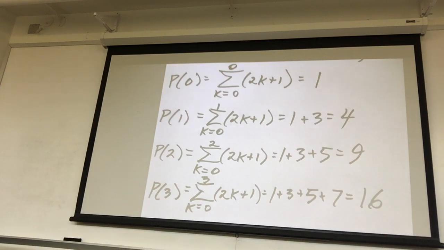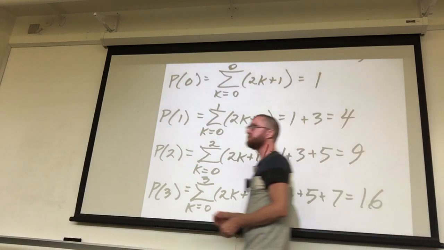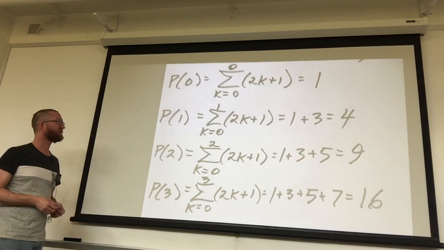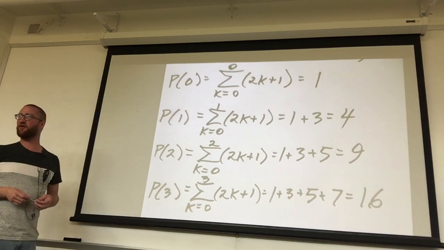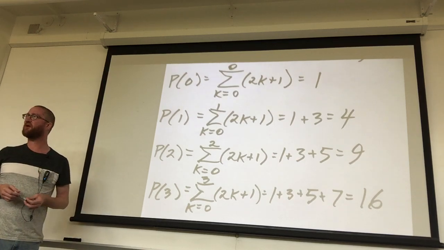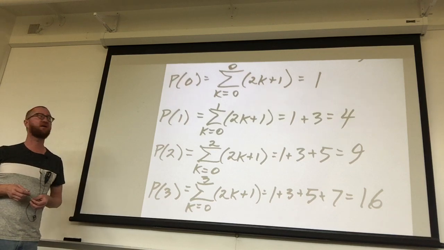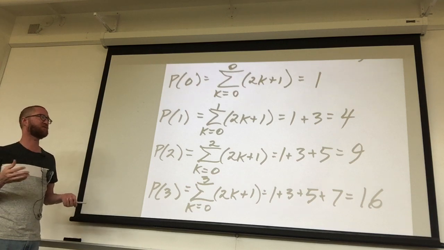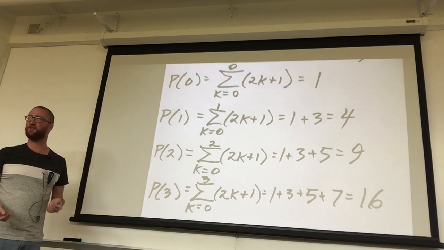Now, when I used to teach this to elementary kids, we would actually go down to the campus beach and we would look at this problem in a slightly different way. So what is meant by 1, 1 plus 3, 1 plus 3 plus 5, 1 plus 3 plus 5 plus 7?